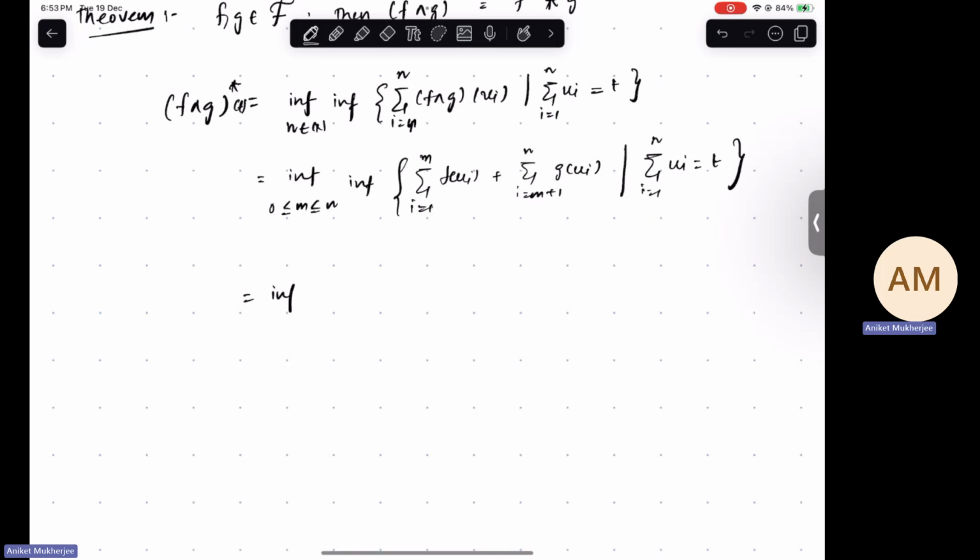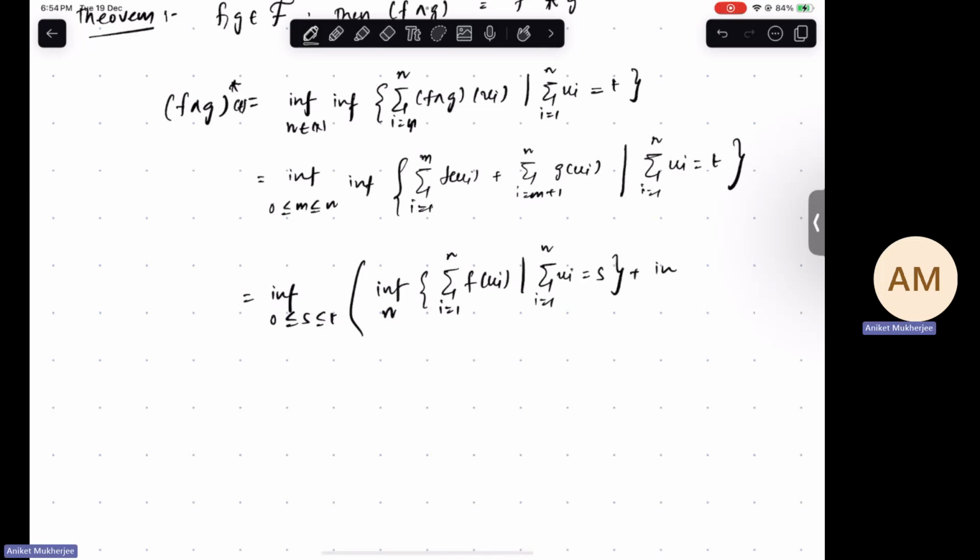This is the same as writing it as the infimum over 0 less than or equal to s less than or equal to t, and splitting the inside: the infimum over n of the summation i equal to 1 to n of f(u_i) such that the summation of u_i equals s, plus the infimum over n of the summation i equal to 1 to n of g(u_i) with the condition that the summation of u_i equals t minus s.